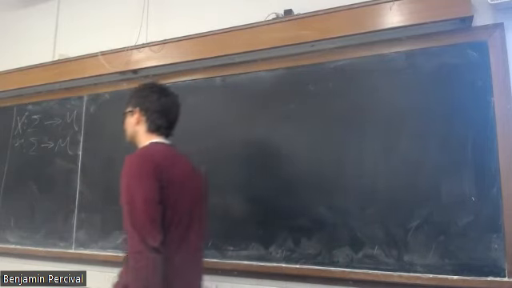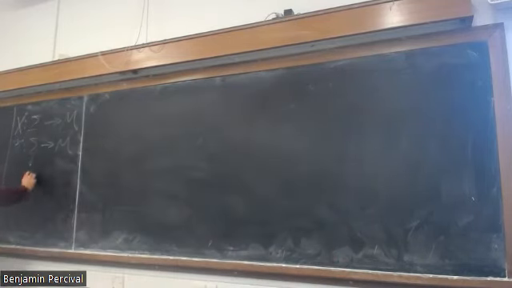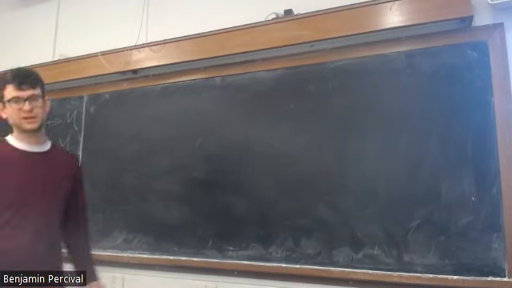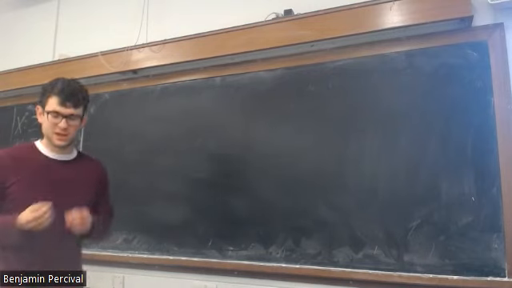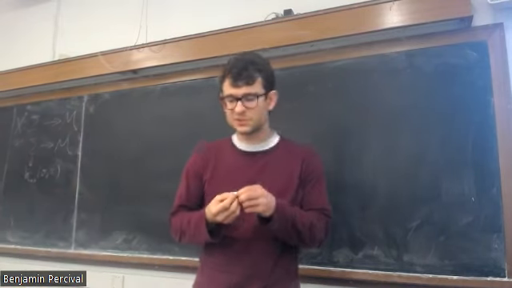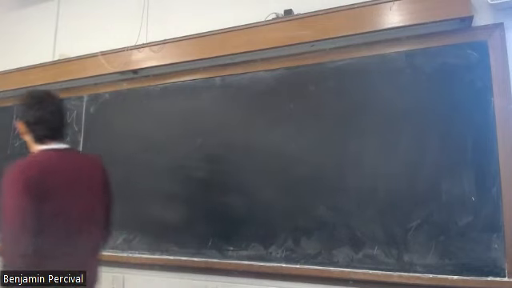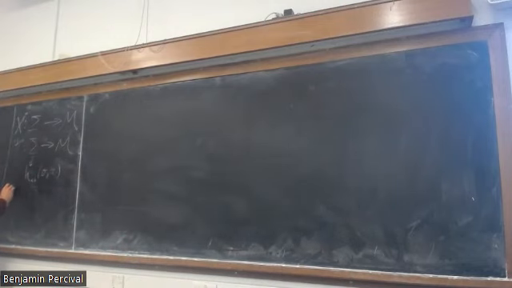So this world sheet sigma has some metric like h_ab, which is a function of sigma and tau, the world sheet coordinates. And we said last time that there were some symmetries, diffeomorphisms, and Weyl symmetry.